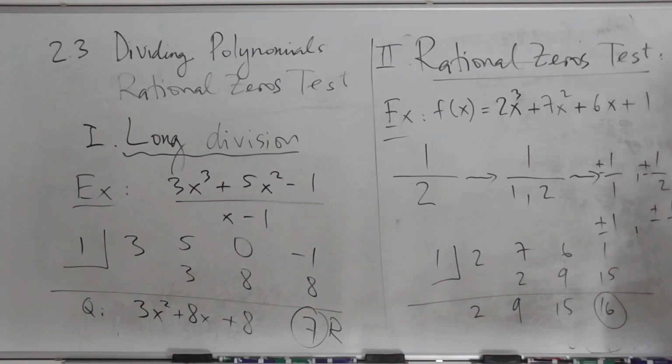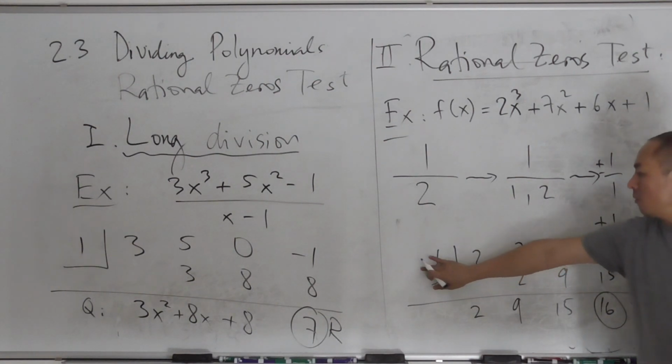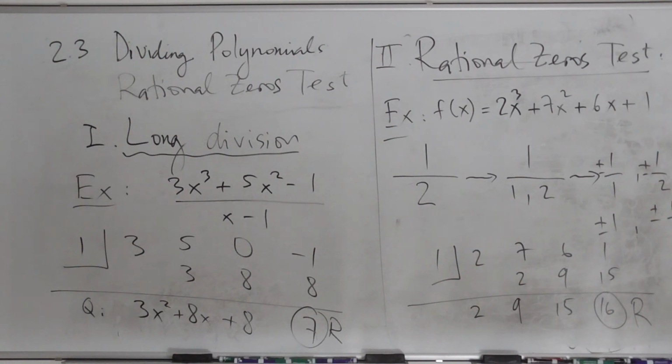This remainder is not equal to 0, so that means 1 is not a zero of the polynomial. We try all those possible zeros. If any of those synthetic divisions gives us a 0 remainder, then that will be our good choice.